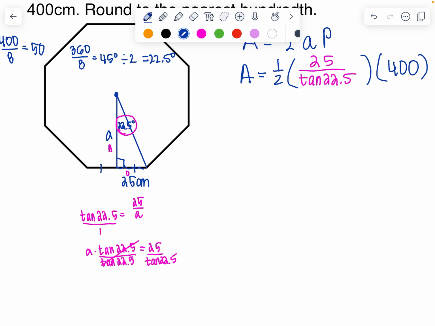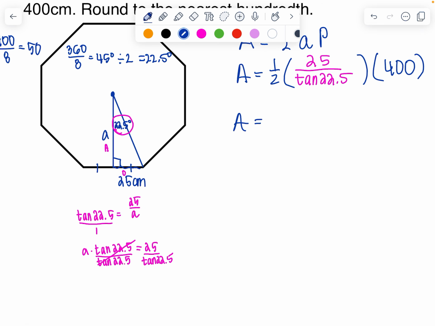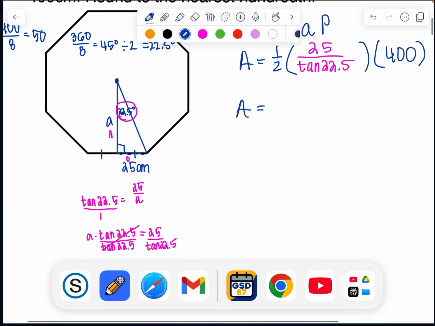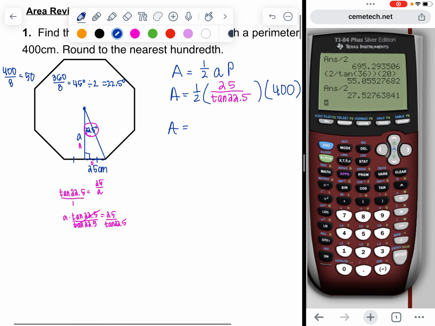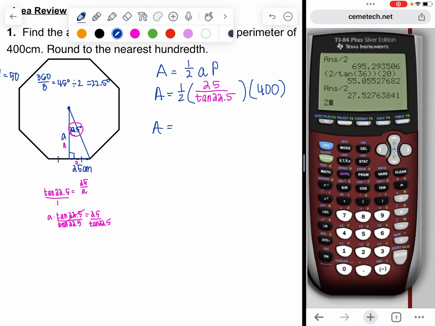All right, so now I need my calculator. I'm going to pull that up. Okay, I'm going to move it over so it's not ginormous. All right, so I'm going to do 25. Actually, I'm going to put that in parentheses. So 25 divided by tangent of 22.5.